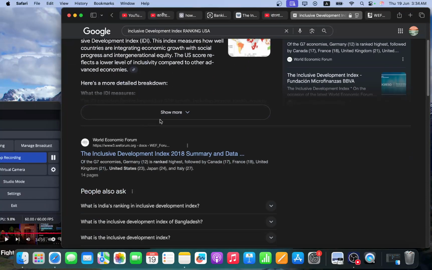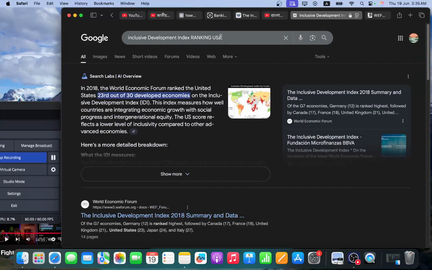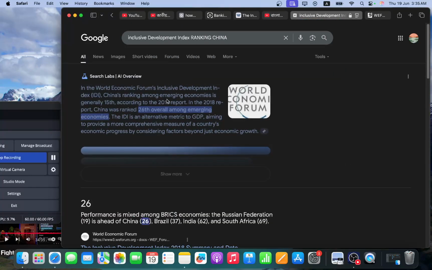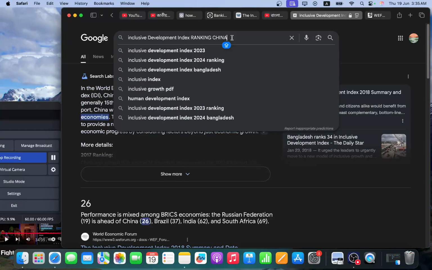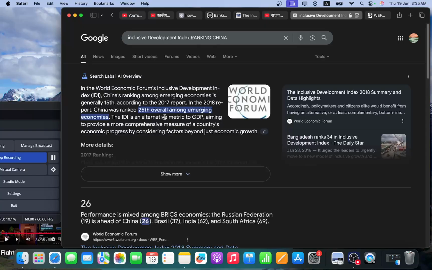It does not mention score, but okay. What is for China? China is 26th. Shouldn't China be more closer to the top, because China is essentially a socialist country, as opposed to Russia is 19, ahead of China, Brazil, India, South America.